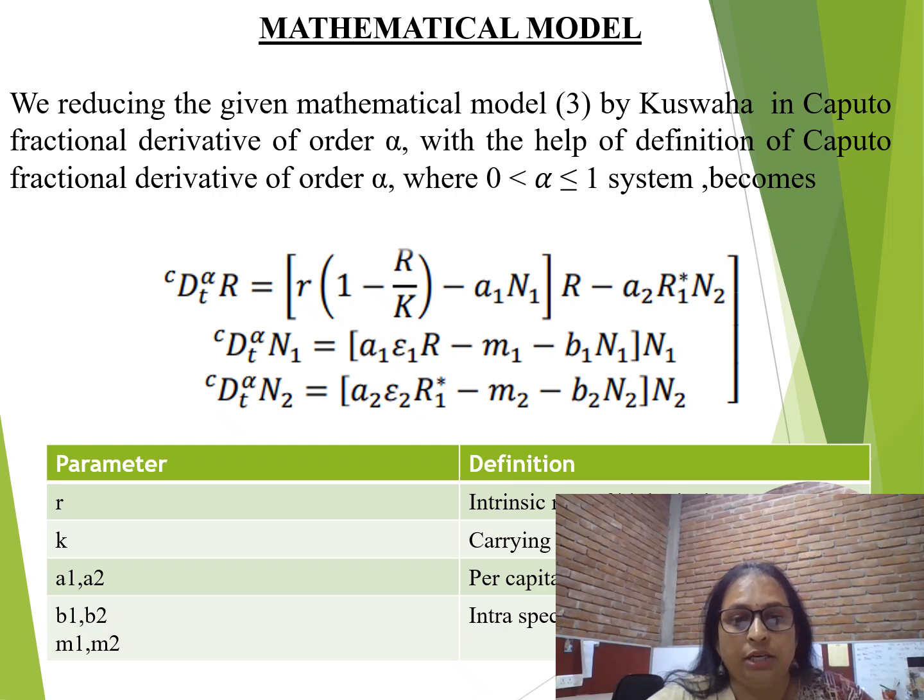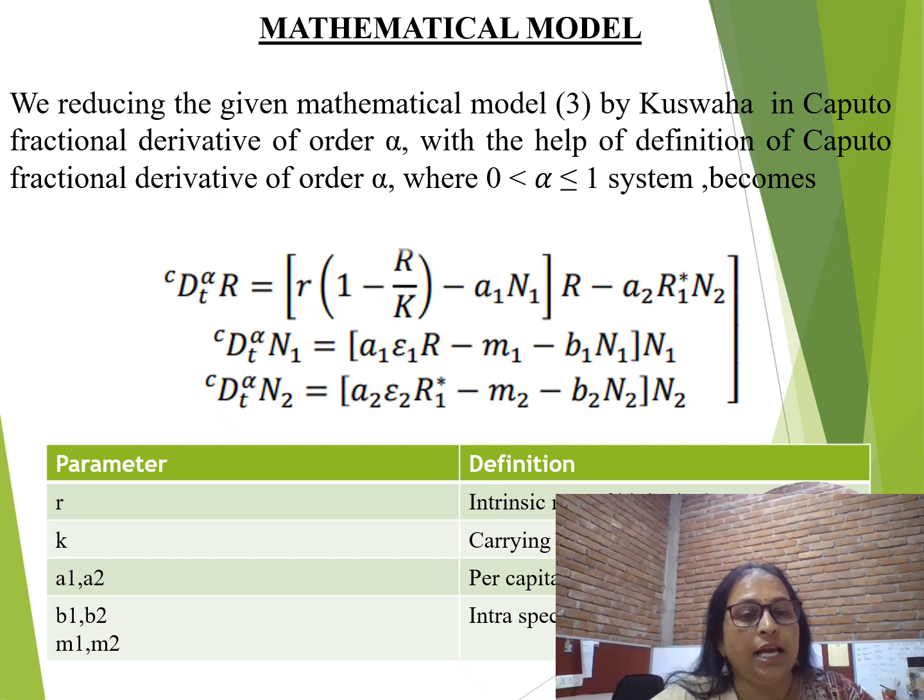Now here we define the mathematical model, the Caputo fractional derivative of order alpha. C d alpha t R equals r1 minus R upon K minus a1 N1 R minus a2 R N2.